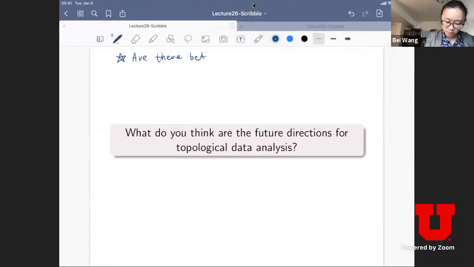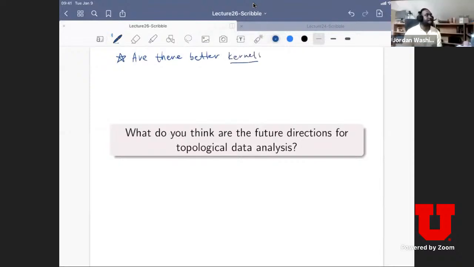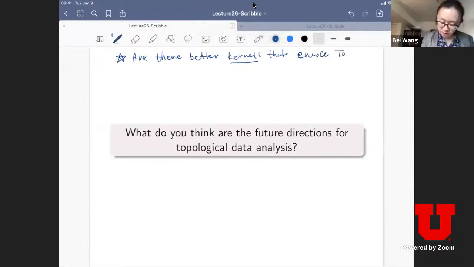Okay, so your question is basically going to the future direction, right? Are there better kernels that encode topology? I want to point out that this is actually one open question. There is actually a zoo of kernels. I will post it over announcement.